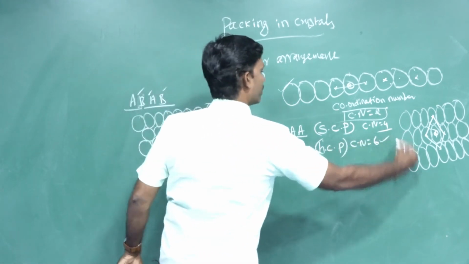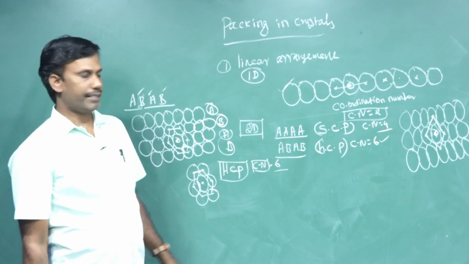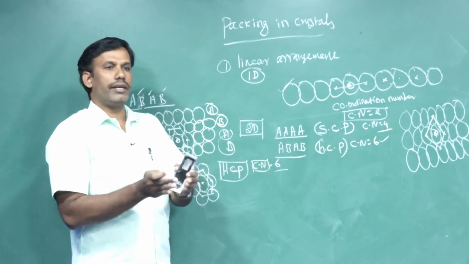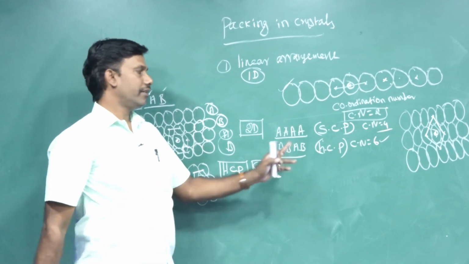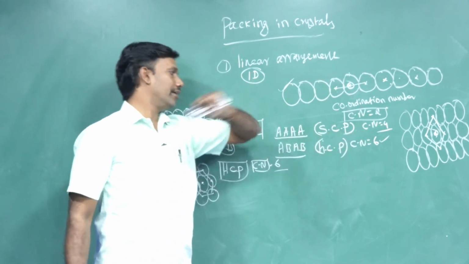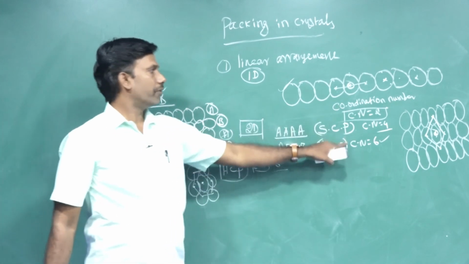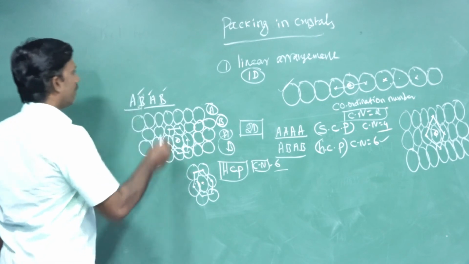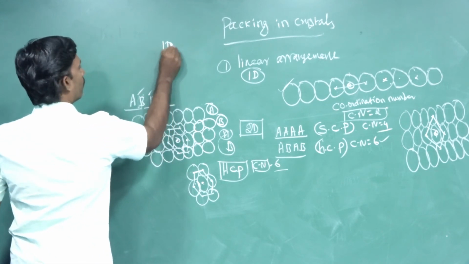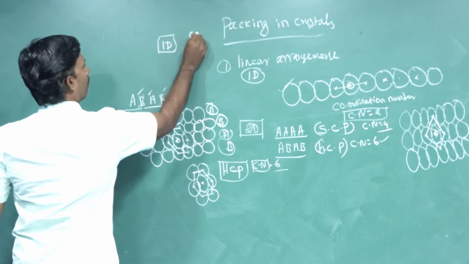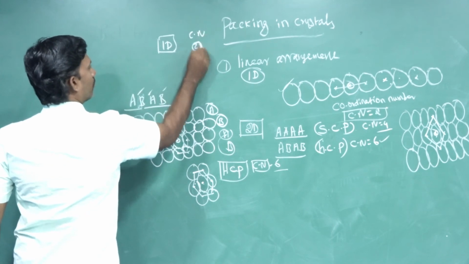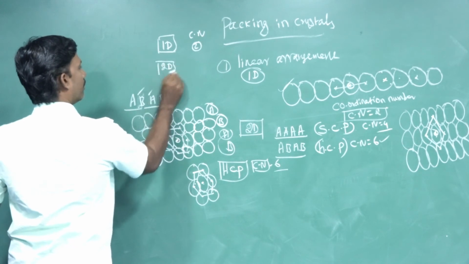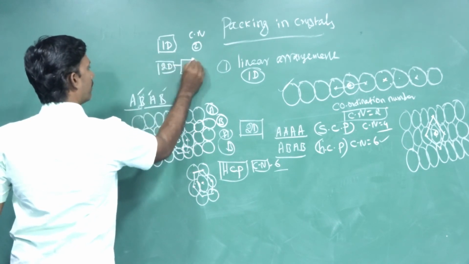The HCP arrangement is more stable because its coordination number is 6, it is closely attached to 6 others, whereas in square close packing only 4, and in a linear arrangement only 2. In a linear arrangement only two neighbors are close, whereas in a 2D arrangement there are two types of possibility.